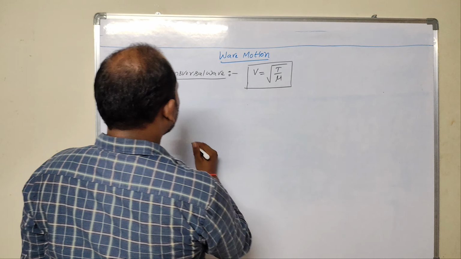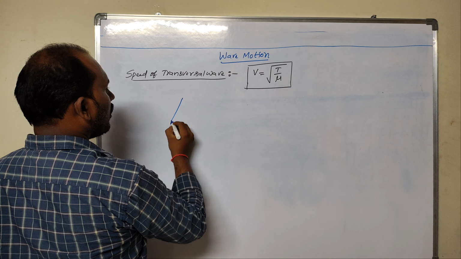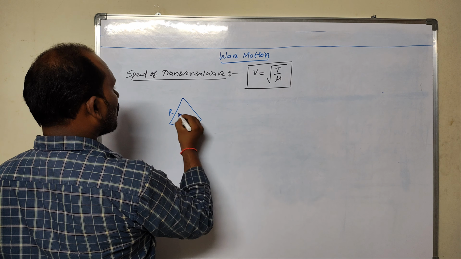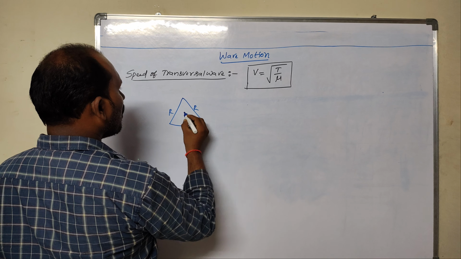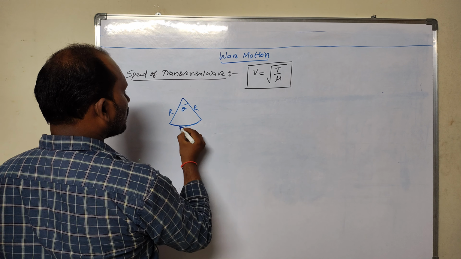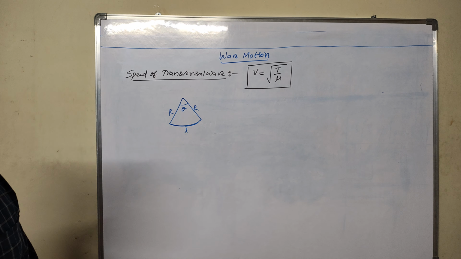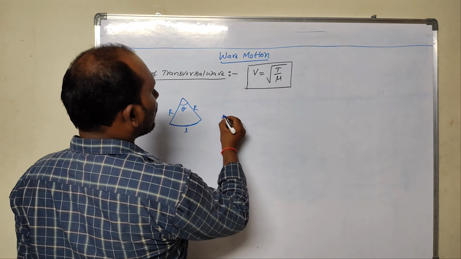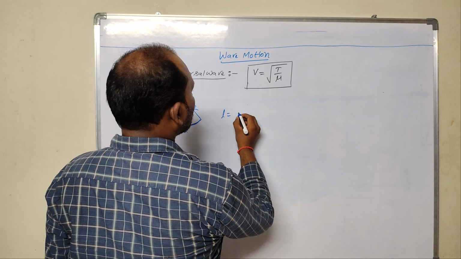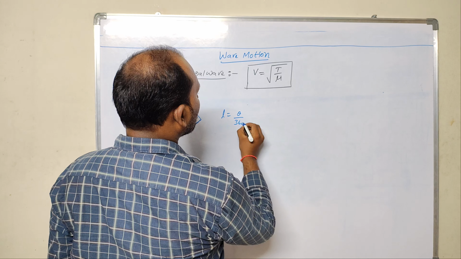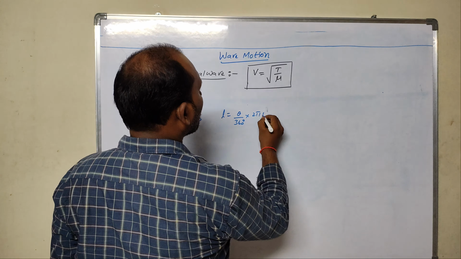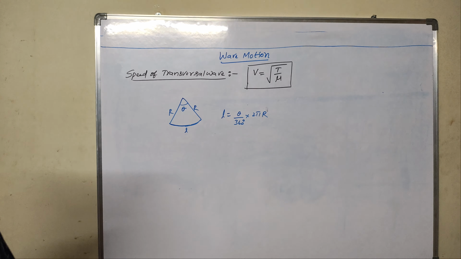Let us say this is the arc. This is R, this is R, and the angle made here is theta, and this arc length is L. I want to find the length of an arc. Generally, the formula is theta by 360 degrees into 2 pi R. This is in degrees.